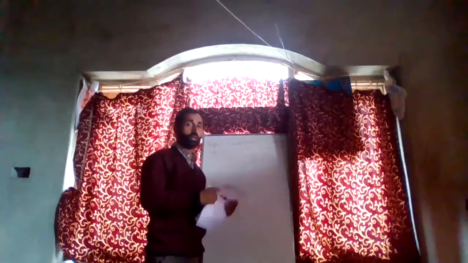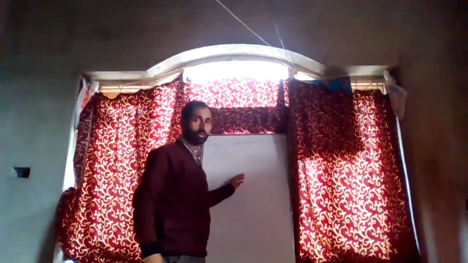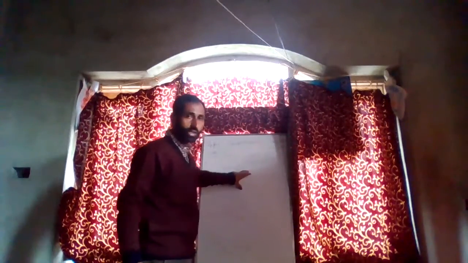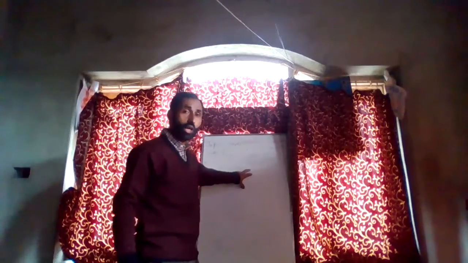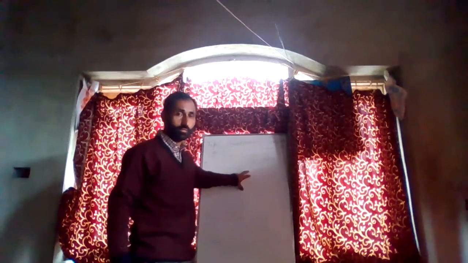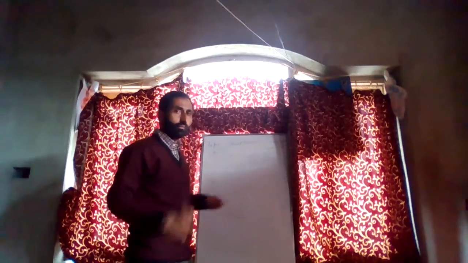As you know, a sheet of paper is a model of a plane surface. This board is also a model of a plane surface. Now, the points which we are going to discuss regarding quadrilaterals are as follows.